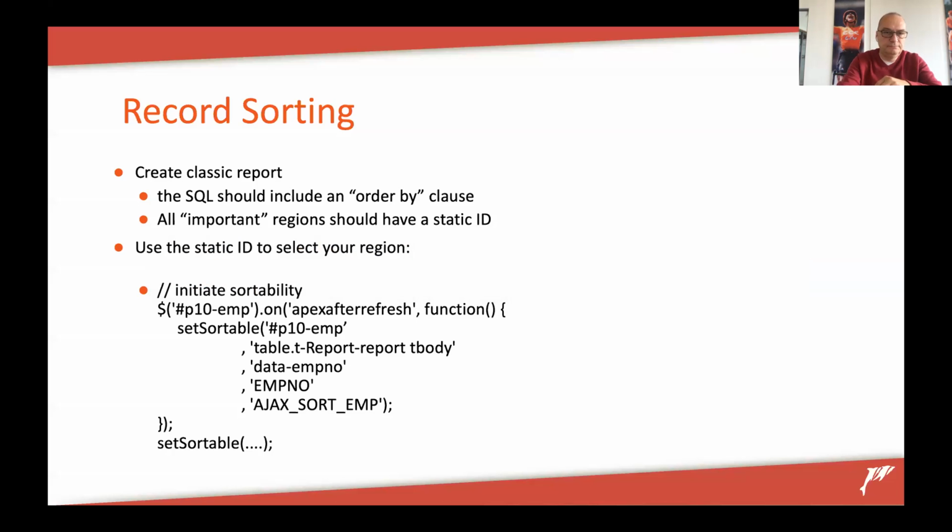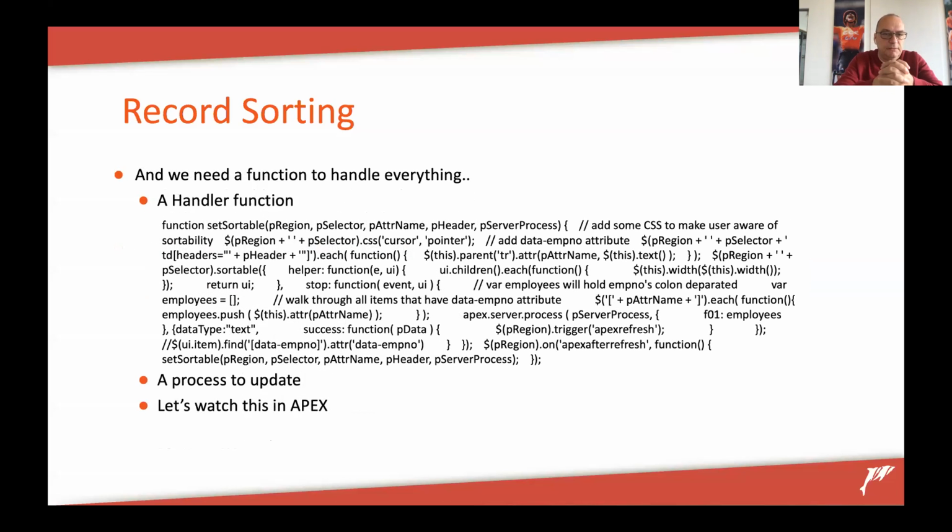Record sorting. So you saw this handoff function, you saw the process to update, and you saw it working in Apex. Kind of easy once you know how to implement that.